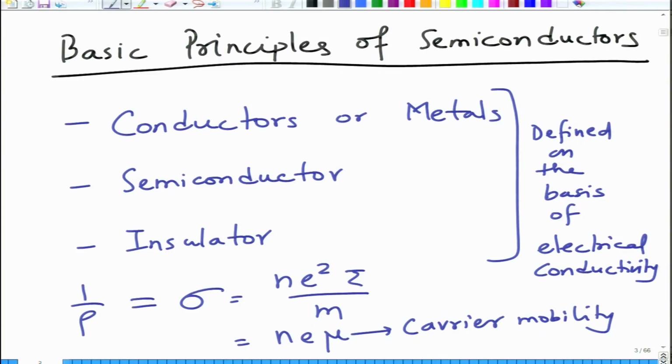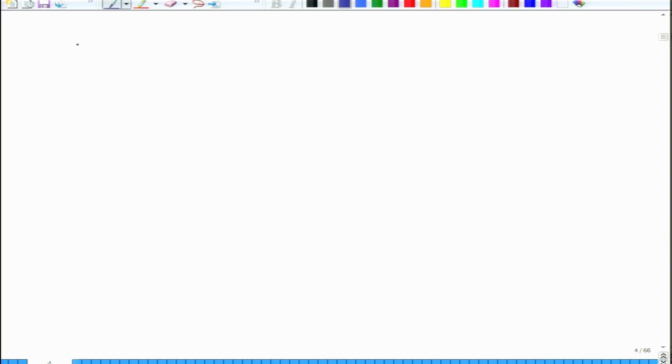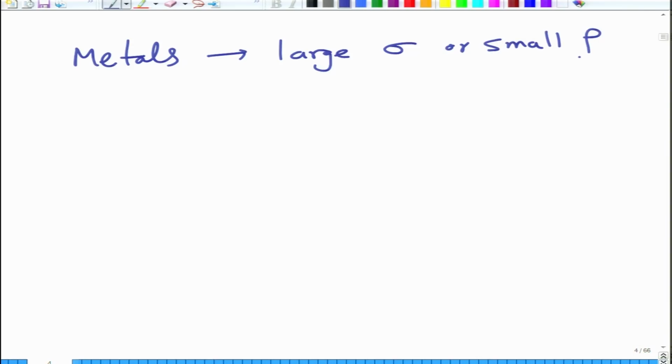So the distinction between these three is it takes a value of about, let me give you certain values. So metals would be the ones that have large sigma, or you can say small rho.